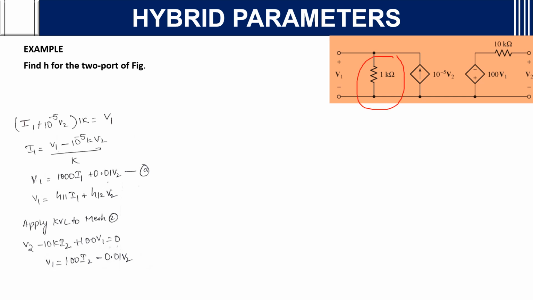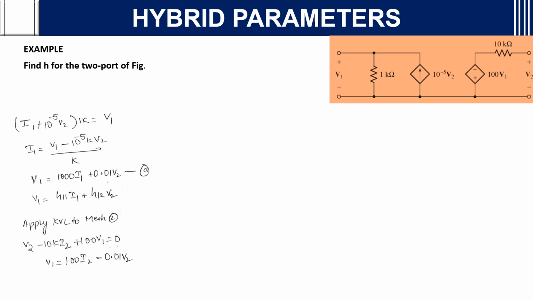Consider this as I1, and this current is moving in this way, minus 10 power minus 5 V2. As they are moving in the same direction, you consider I1 plus 10 power minus 5 V2 into the resistance 1 k ohm. I hope you are understanding. If you do that, then you will get V1.